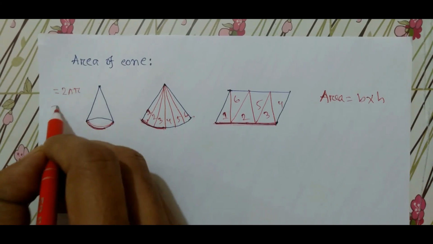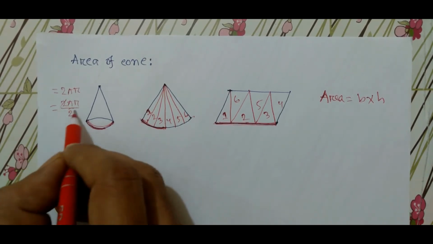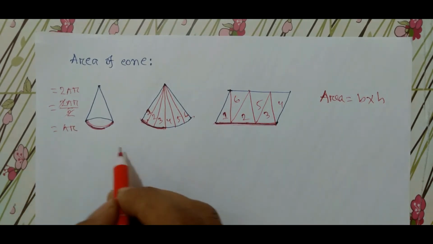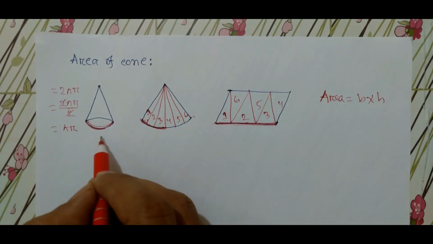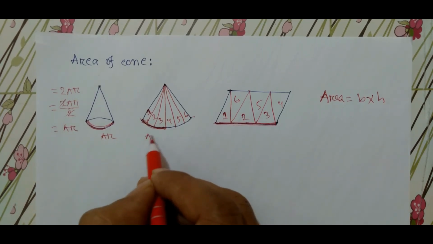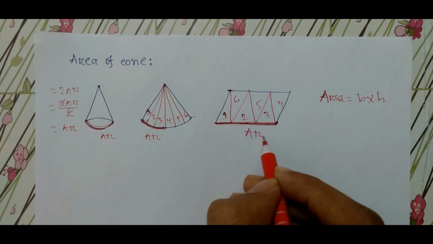So what will be the value of half of circumference? The half of circumference will be 2 pi r divided by 2. This 2 and this 2 will be cancelled by one another. So the result will be pi r. So the value of 1, 2, 3 portions is pi r. So the base of parallelogram will be pi r.